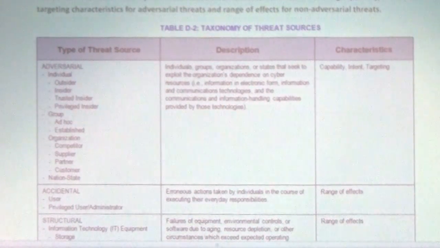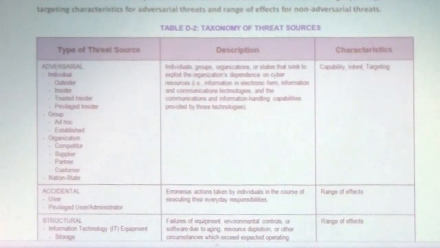So those are our adversarial types of threats. Of course, we know that insiders can do the most damage because they're already in there. They've got at least some level of authorized access, so they don't have to go through all of those other hacking steps to even get in. They're already in.